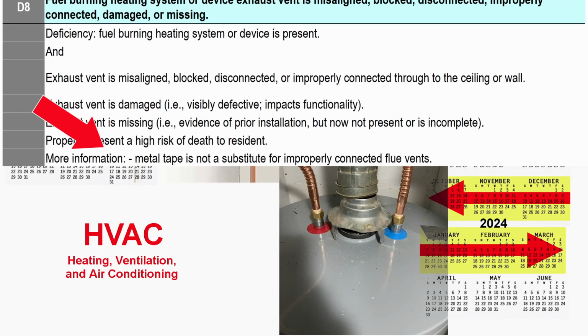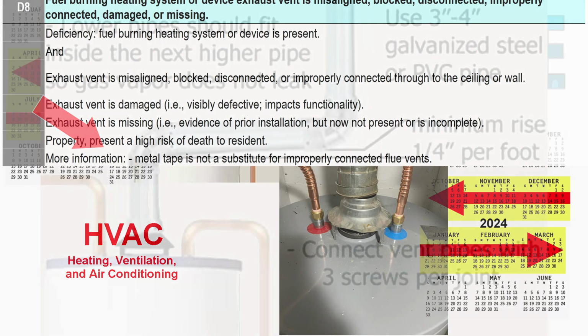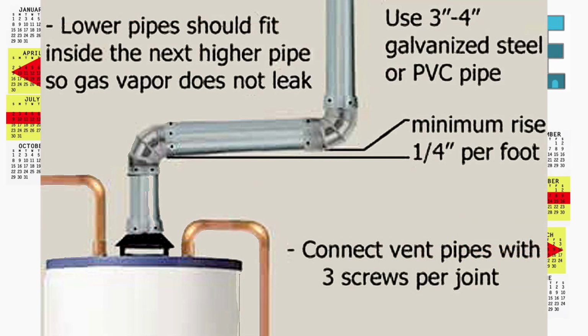More information. Metal tape is not a substitute for properly connected flue vents. So we don't want to see places where they've used metal tape to patch up holes or gaps in the pipes. I don't know if they intend to suggest this. Typically, gas chimney or gas flue pipes will be connected to each other using 3 equally spaced screws.